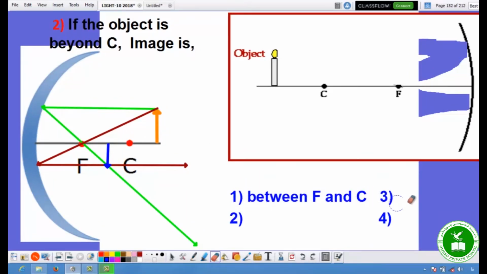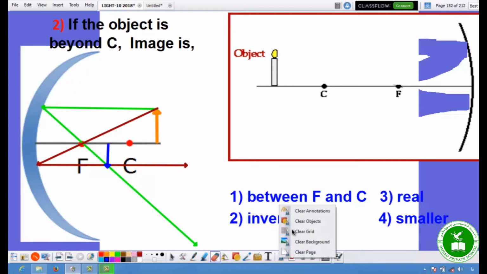Now the properties of the image: the image is between F and C here. It is real because real rays intersected each other to form the image. These rays are not imaginary, they are real reflected rays. It is inverted. It is smaller than the object.